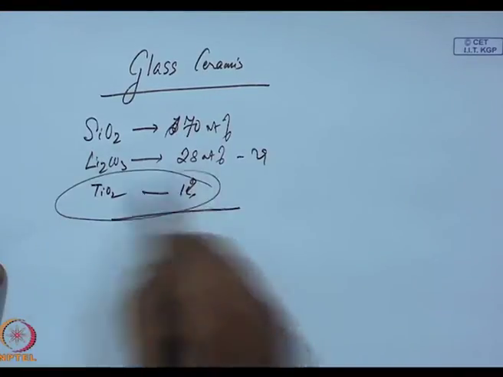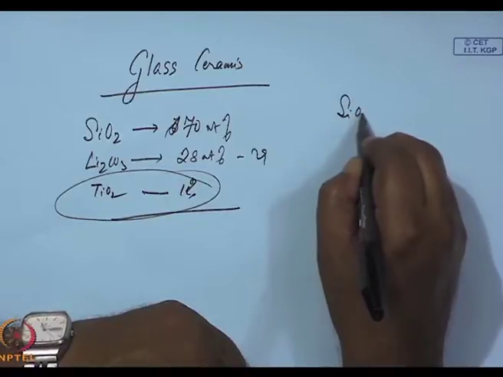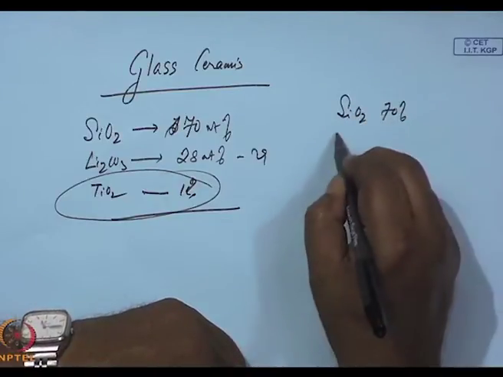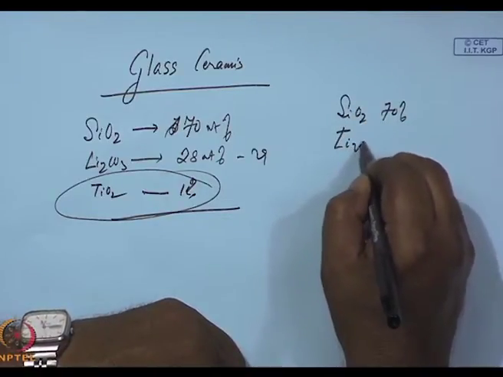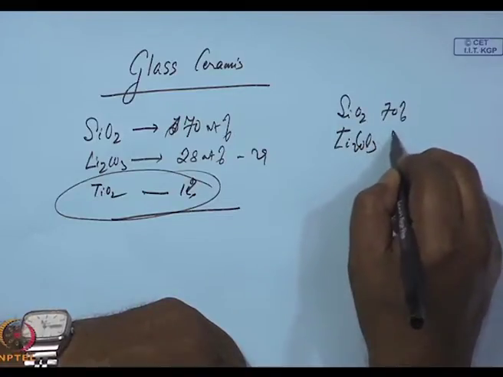Let us forget about titania. Let us say we have got SiO2 70% and Li2CO3 30%.